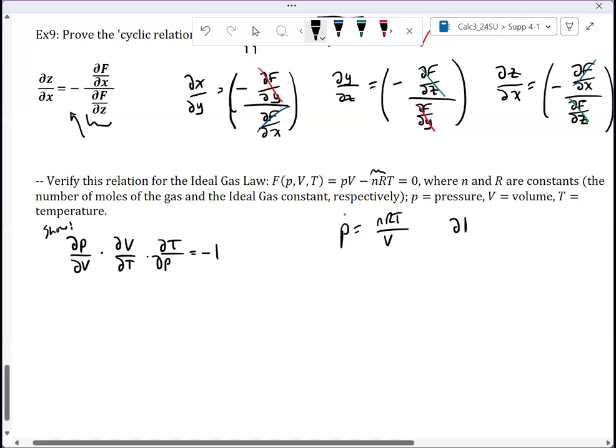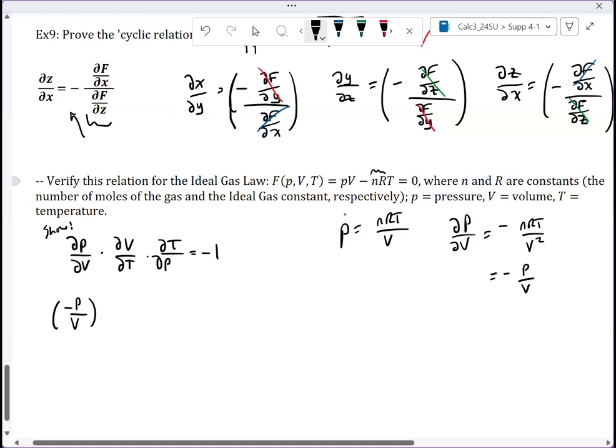And then, of course, the partial of P with respect to V is, so this is V to the -1, this is minus nRT over V squared, minus nRT V to the -2. And I'm going to choose to write that as minus P over V. nRT over V equals P, as we just saw. So this is minus P over V.